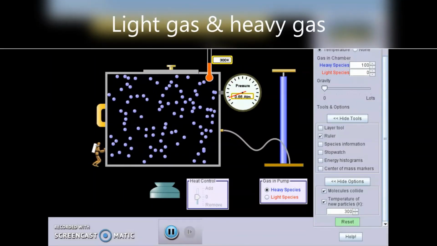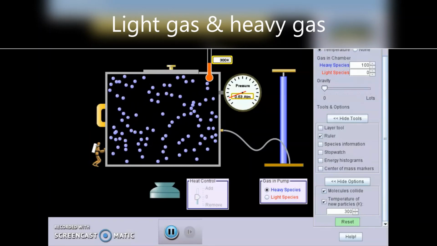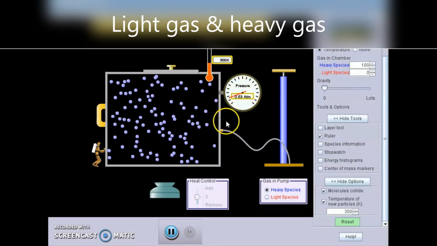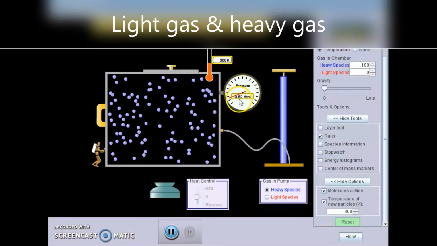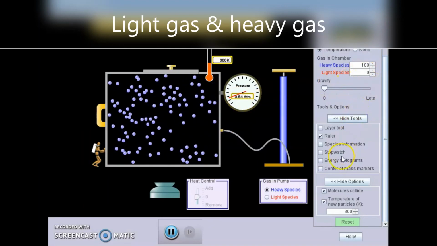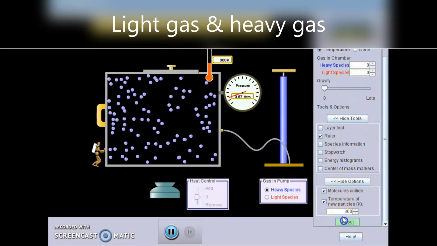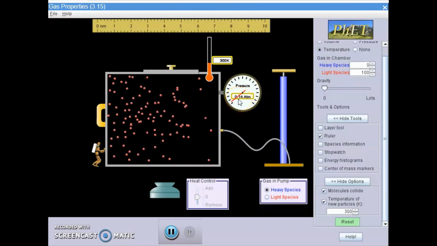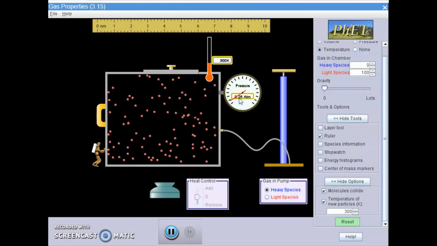The pressure in the closed container shown in the gauge is 0.51 atmosphere, and when we change back to light species, gradually it will increase its pressure.